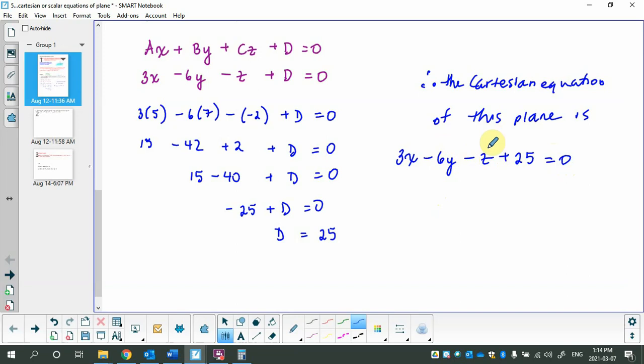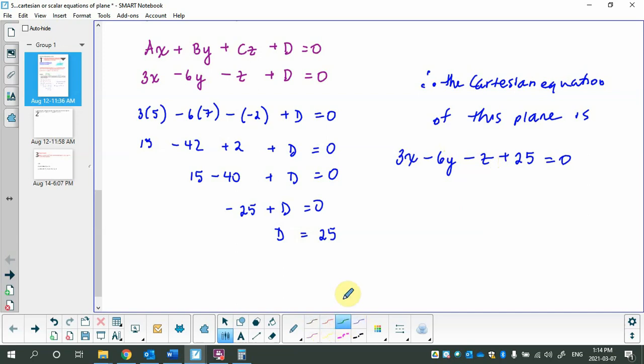So I could sub a value in for z and sub a value in for y and then solve for x to make it work if I really wanted to. Or I could sub a value in for z and for x and solve for y. Or, because my z has a 1 in front of it, I could sub a number in for x and y and solve for z, and it's going to give me less work.